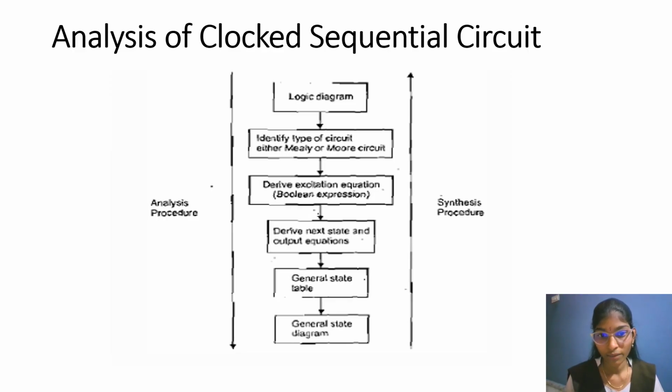After identifying, derive the excitation equations or Boolean expressions, and then derive the next state and output equations from the excitation equations, and then generate the state table. After generating the state table, generate the state diagram by using the state table. Generating the state diagram indicates that the analysis has completed.